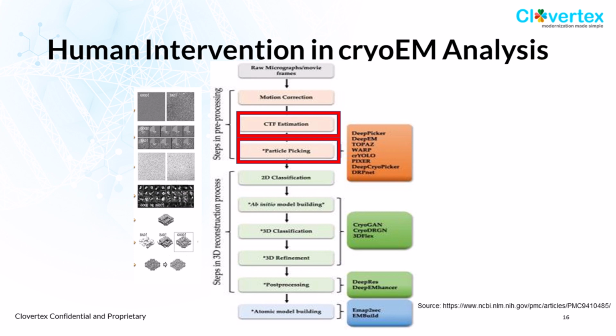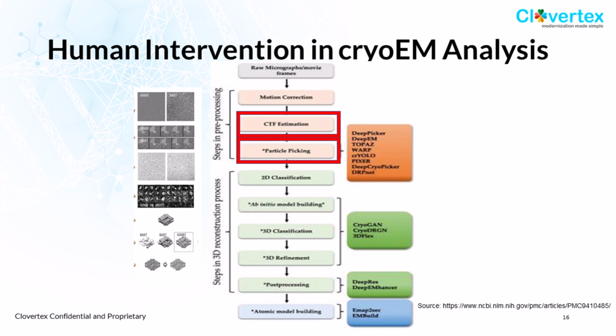The other one is 3D construction: initial reconstruction, 3D classification, and 3D refinement. These are more like heterogeneity analysis, meaning capturing the motion of the protein inside a data set, because the protein has to move to exert its functions.